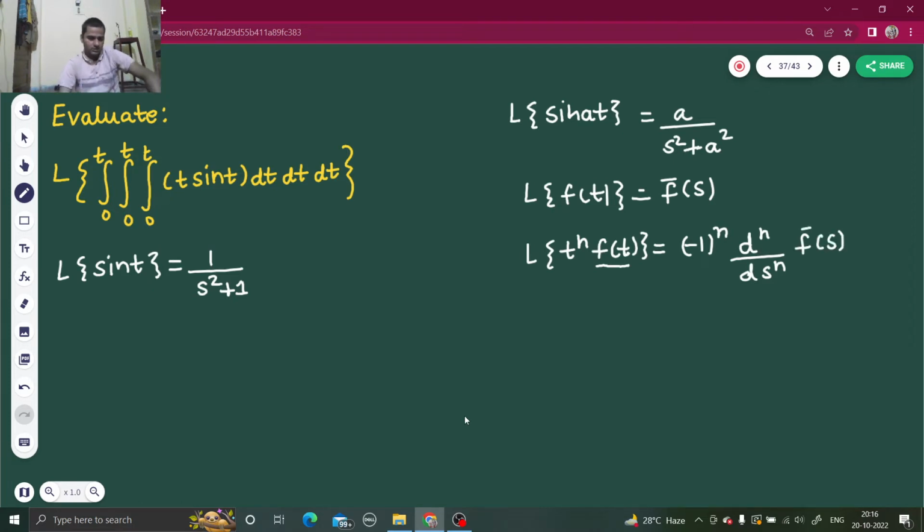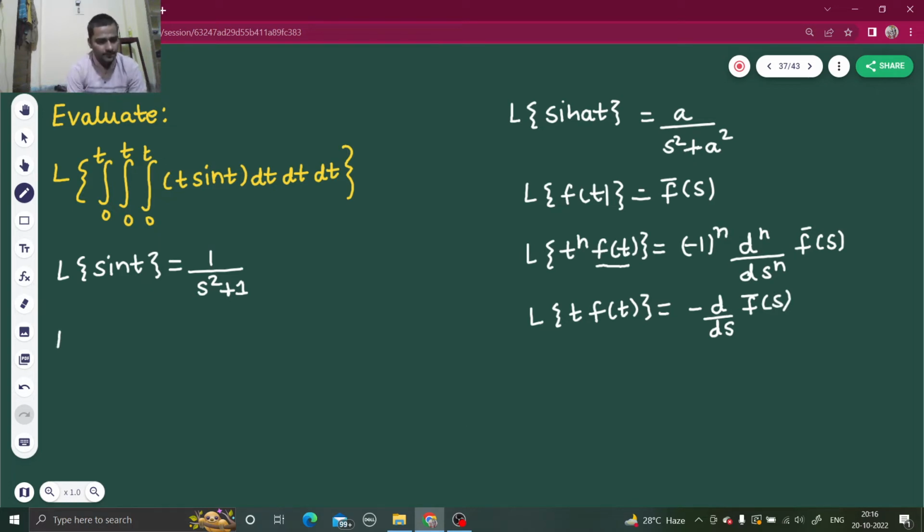If you want to write it for power 1, that's simple. Minus 1 power n is just a minus sign, and d by ds of f bar s. Let's do that.